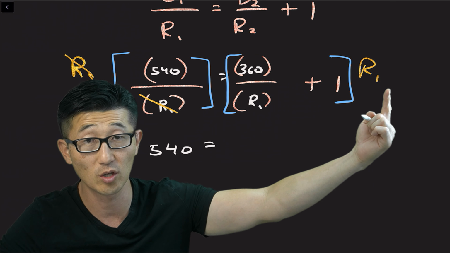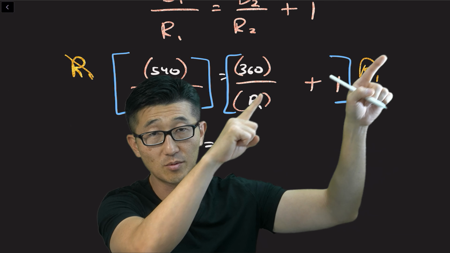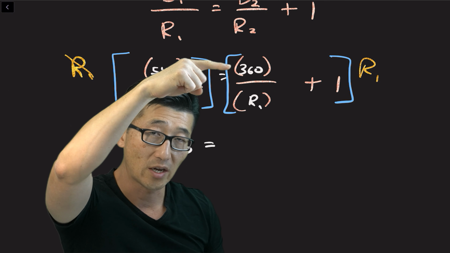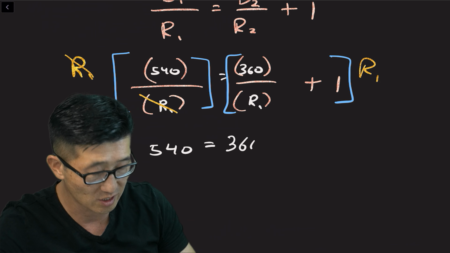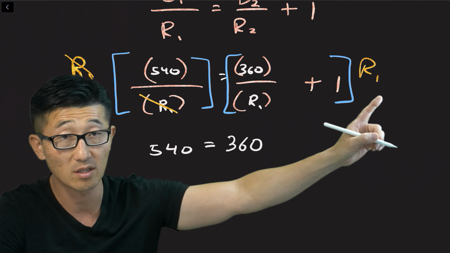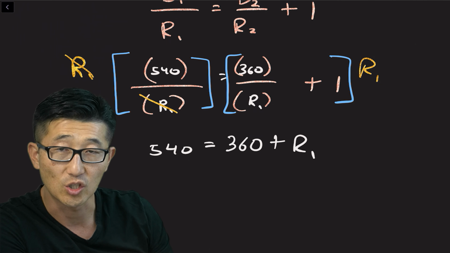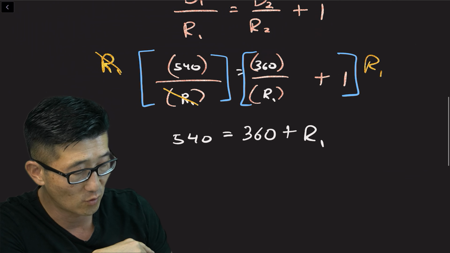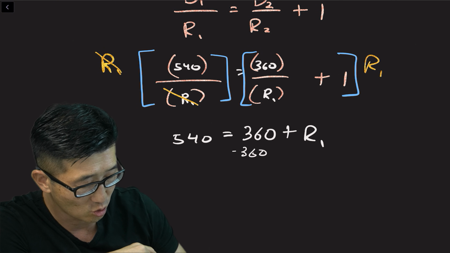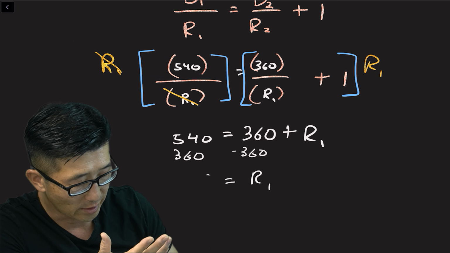Here, we're going to distribute R1 to here, and notice these two will cancel out, right? I'm just going to put that slash there. We'll have 360 left, so 360. Lastly, R1 times 1 is just R1. Look how simple our equation has become. We solve for R1 by subtracting 360 from both sides. And voila, what do we have?